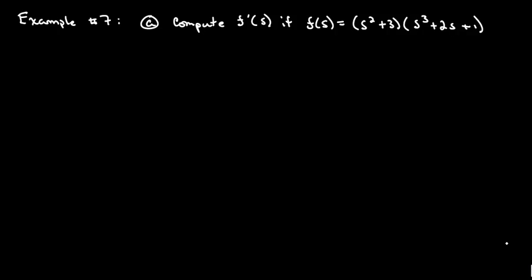Example number 7, part A, asks us to compute the derivative of f with respect to s if f of s is equal to this product. Now here's the thing, we don't actually have a rule for products yet.